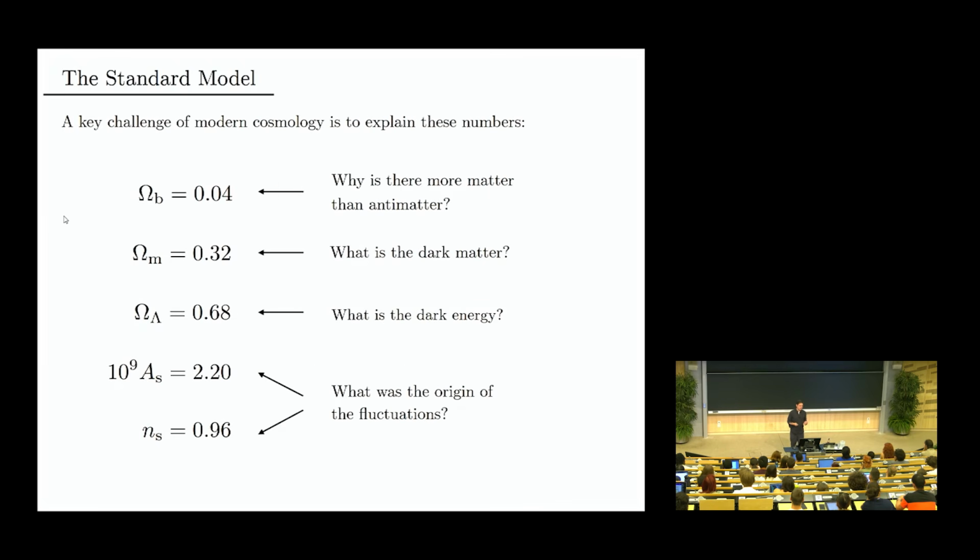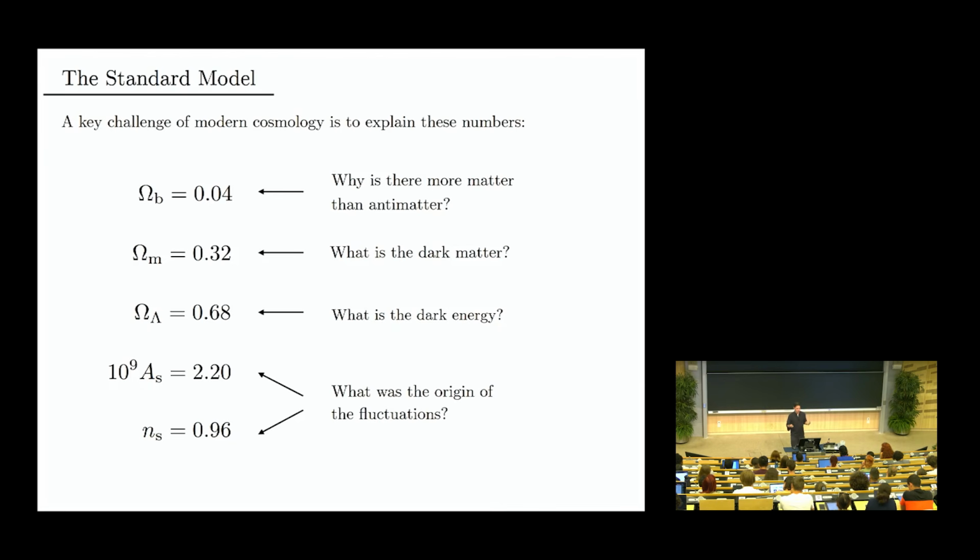So first of all, the amount of baryons is dictated by the matter-antimatter asymmetry. And as I mentioned last time, we don't know exactly the mechanism that produced this asymmetry. We don't, of course, know what dark matter really is as a particle, okay? We know even less about dark energy. So we can assign numbers to these densities, but we don't have a good microscopic description for them.